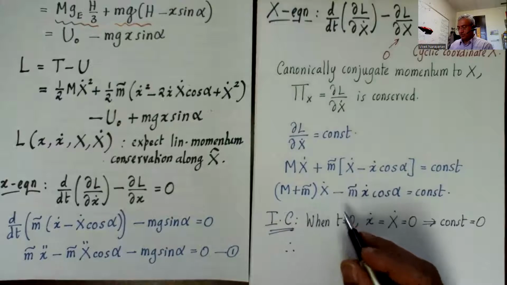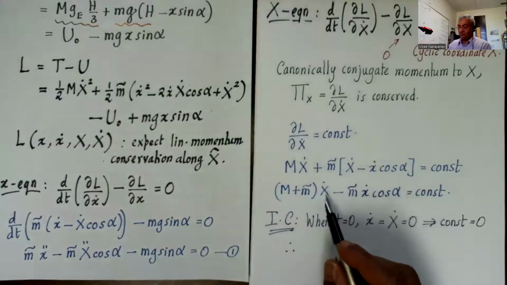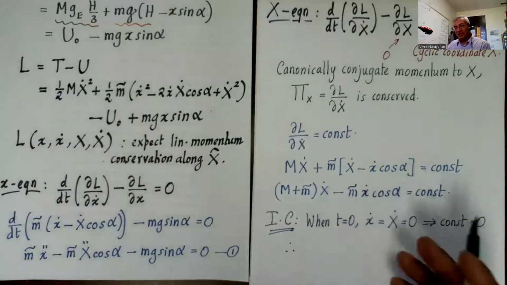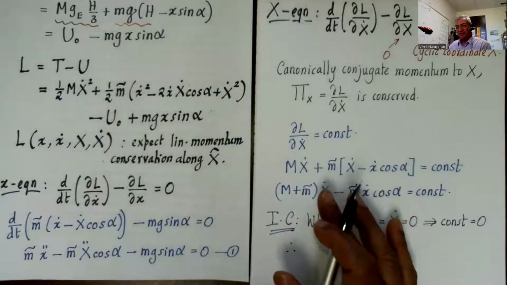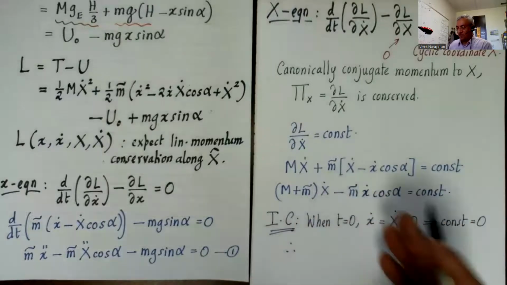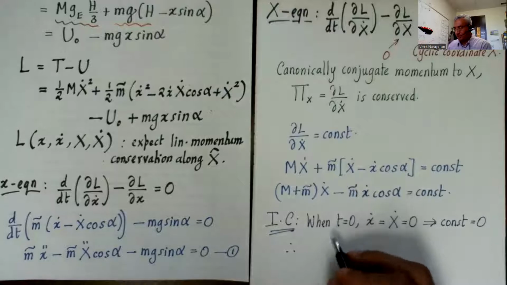What I can do now is I can differentiate both sides. So you really don't need to fix the constant because I'll be differentiating both sides, but it's good to know that you have this relationship. Let me write the relationship first.